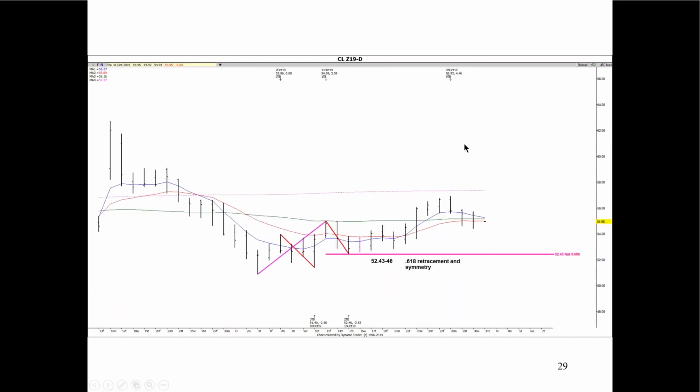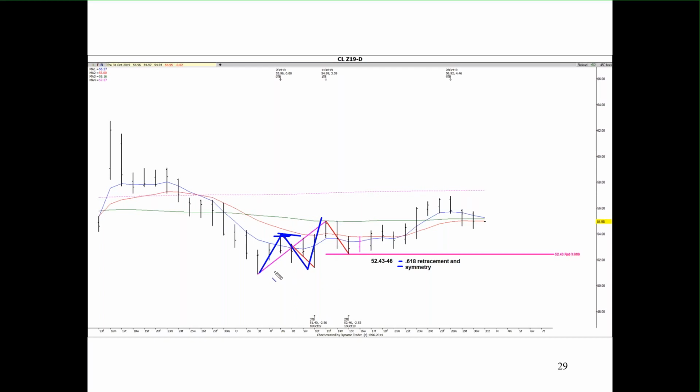All right, crude. This is an example from, I don't know, it might have been a month ago. This is just very simply a 618 retracement and a symmetry projection. So when I start to see a new pattern develop, when you take out a prior swing high, I want to look at that next pullback.